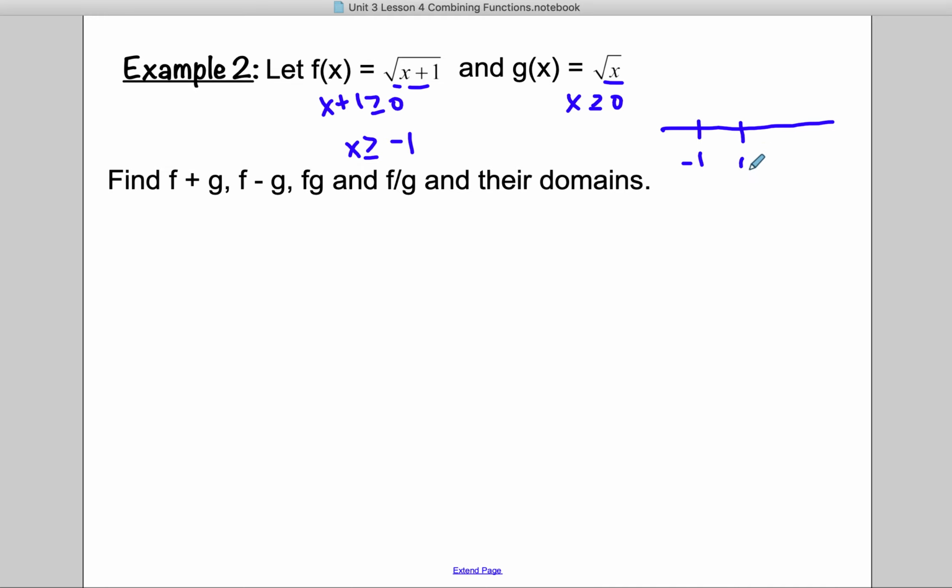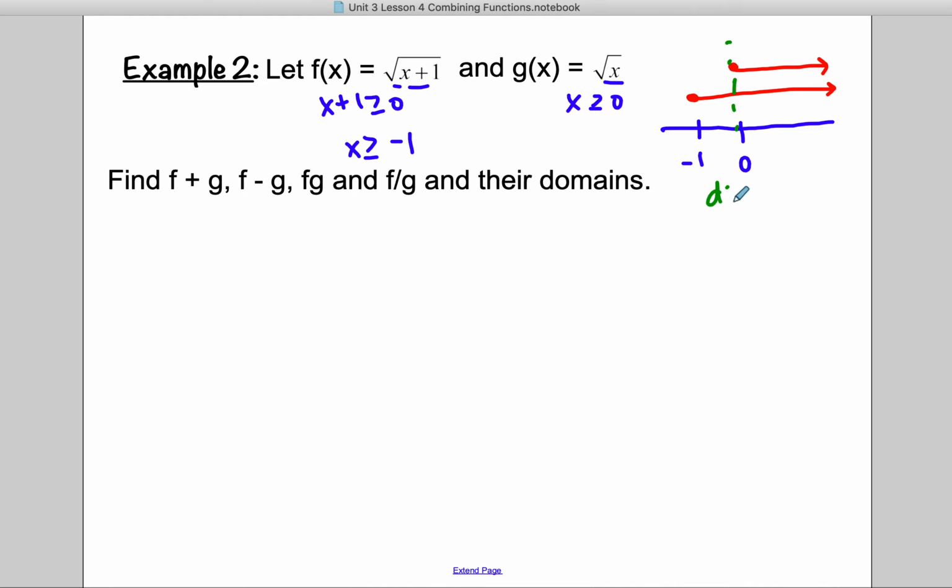So -1 and 0. X is greater than or equal to -1. So we're here. And then greater than or equal to 0. And then it's where they are intersecting. Okay, so it's what they share. What do they share? They share from 0 onward.